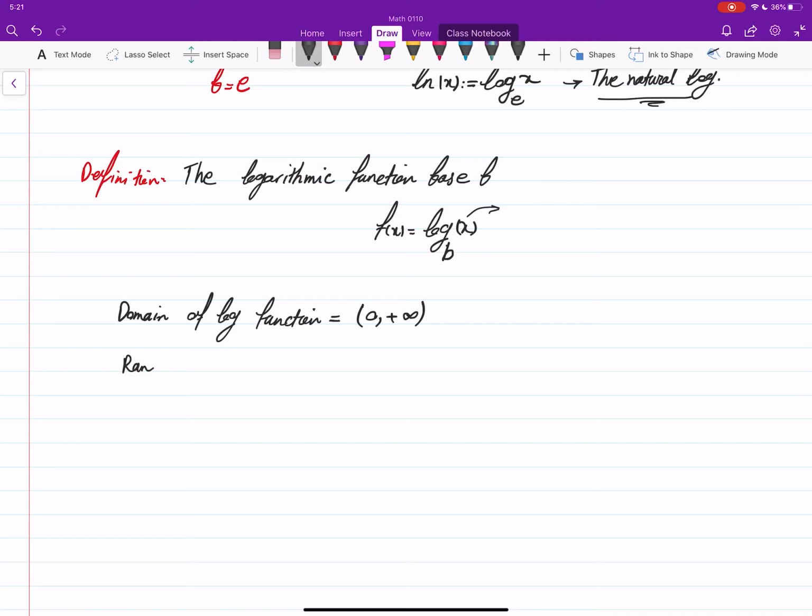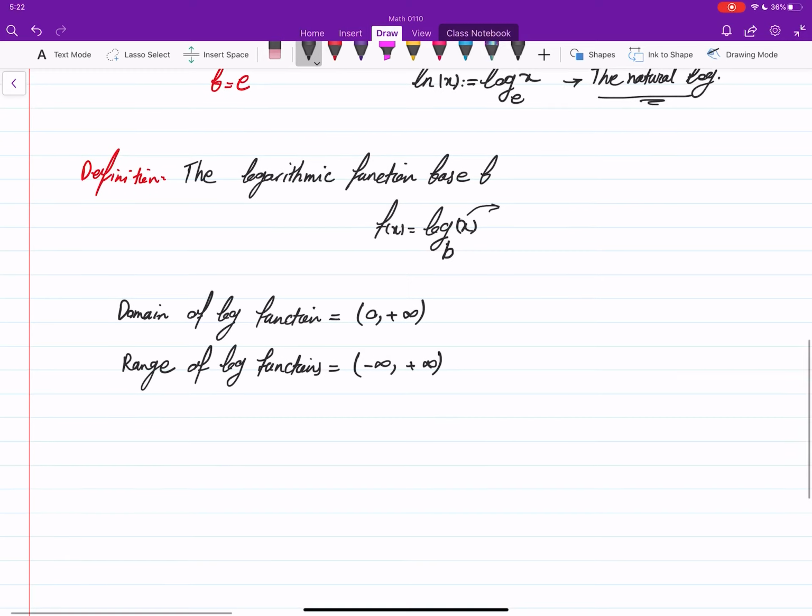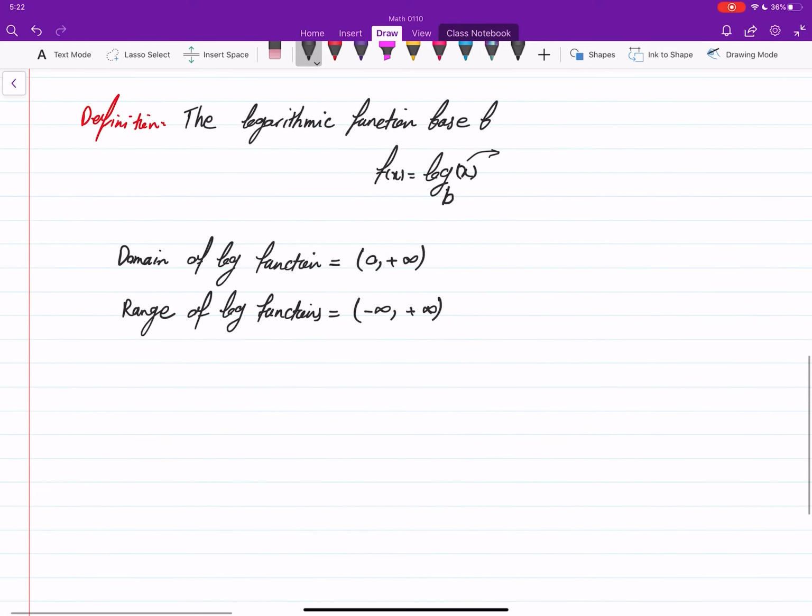How about the range? Well, the range of a logarithmic function can be anything. So it goes from negative to positive infinity. I will sketch the graph for you in a second, but keep in mind that the value of log can be any number. The domain, however, is only positive numbers.